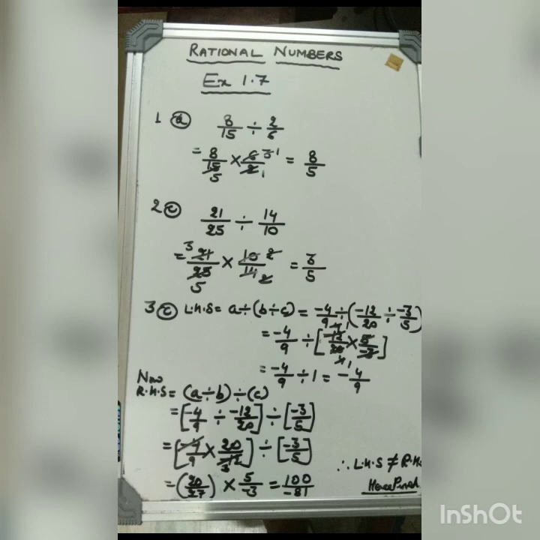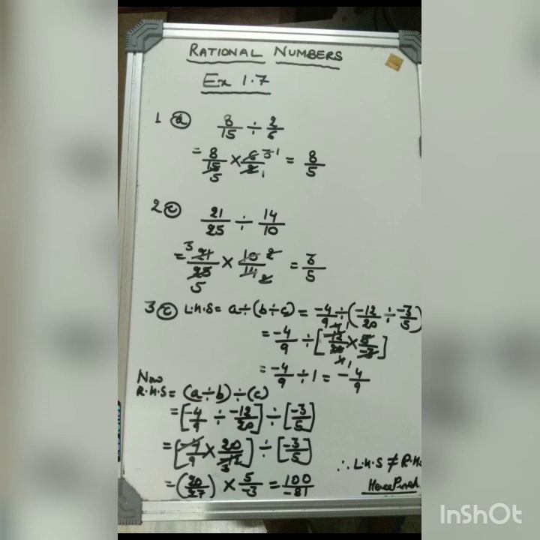Now in question number 2, I have done another part, that is 21 upon 25 divided by 14 upon 10. Now 21 upon 25 into 10 upon 14 it becomes, because we take the reciprocal of the second rational number and change to multiplication.